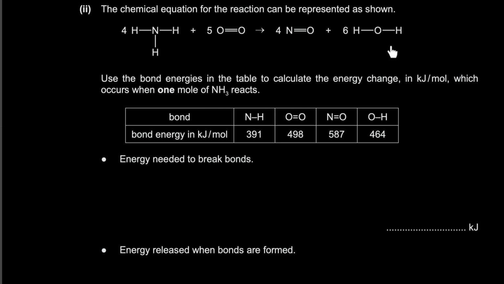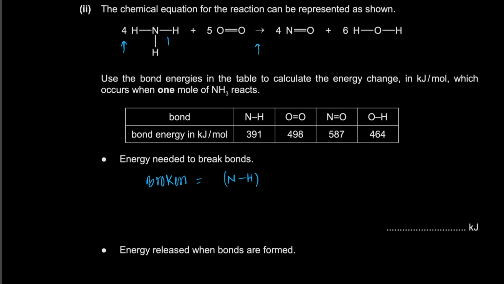Again, an equation is given to us, and I have to figure out the energy needed to break the bonds. So let's do that real quick and spend less time reading the question, even though I don't recommend it. So what's broken? Well, everything before this arrow is broken, right? Because that's what's reacting. So what do I have? Okay, there's a 4 over here. That's a lot. So I have the N-H bonds.